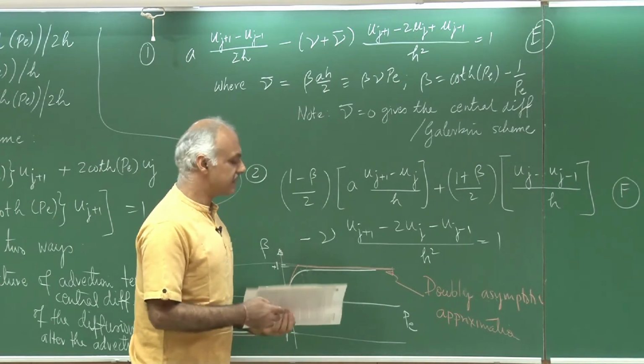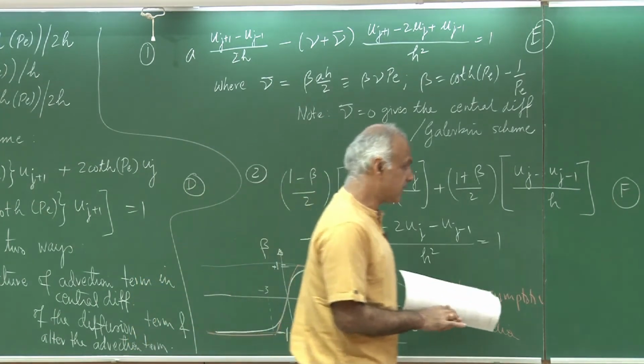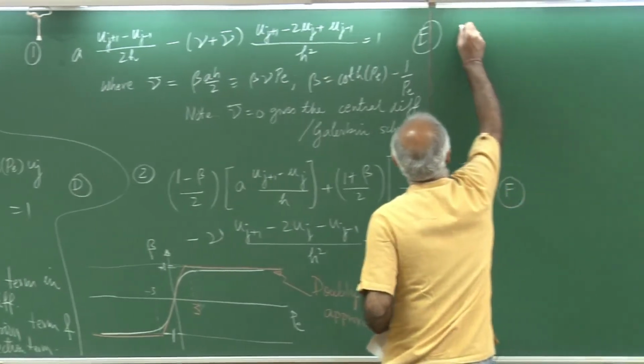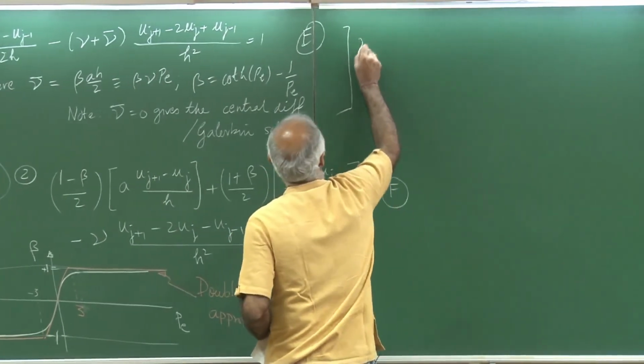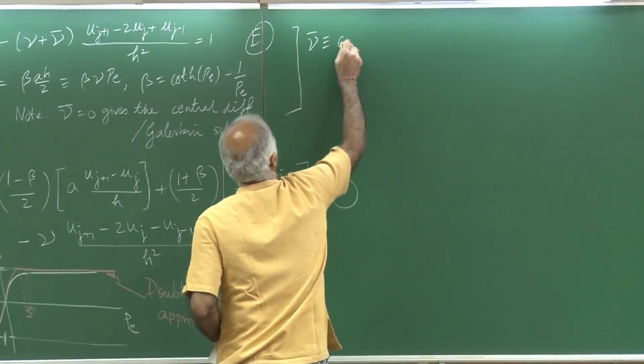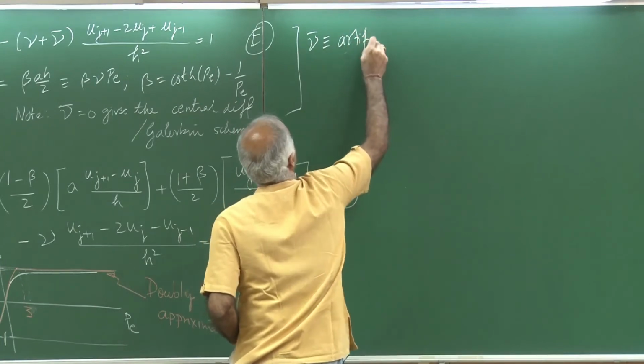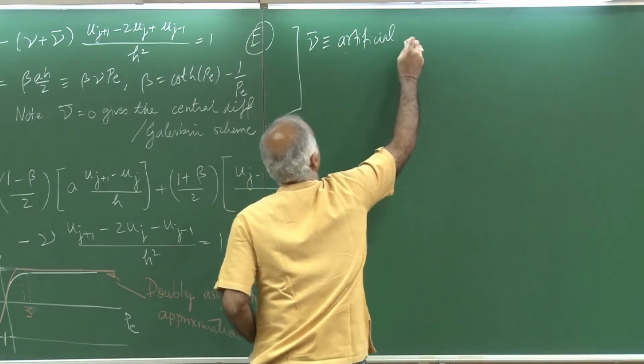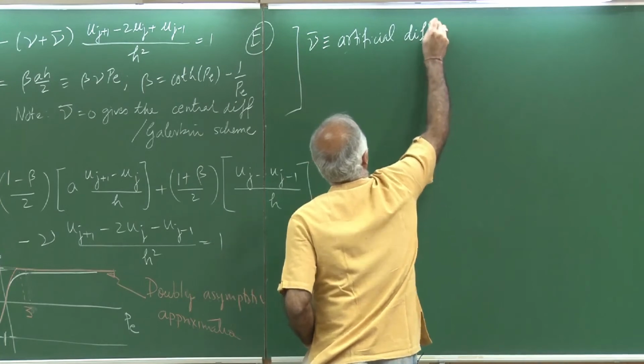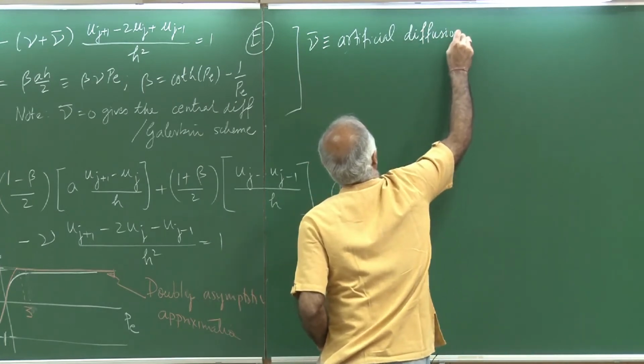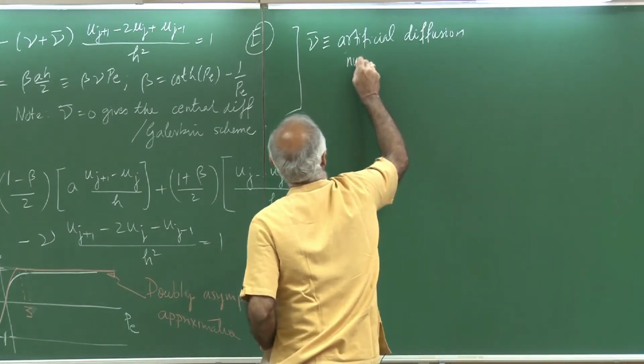This interpretation is that nu bar corresponds to artificial diffusion. It is also known as numerical diffusion.